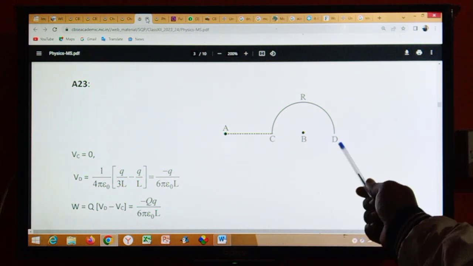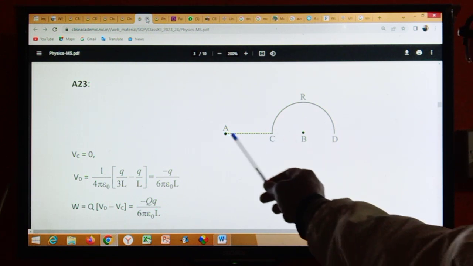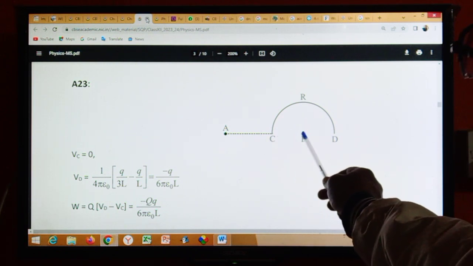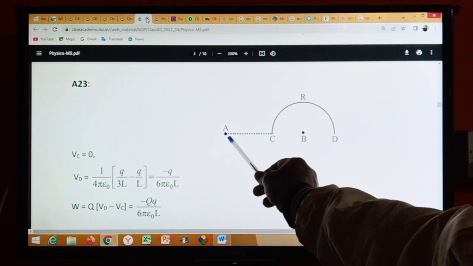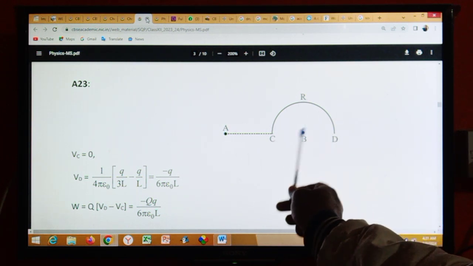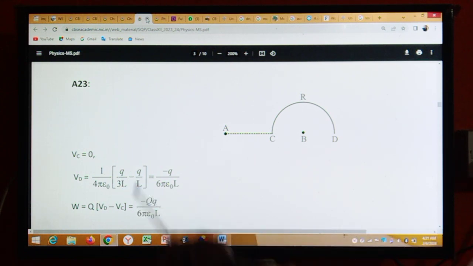Look here, this is q, so q divided by 3l, because this is l, this is 2l and this is 3l. So the distance of the charge to the point is 3l, so we have divided by 3l, right?